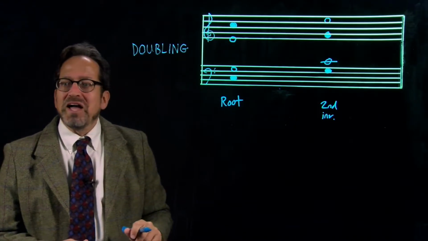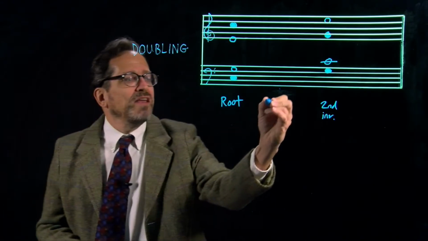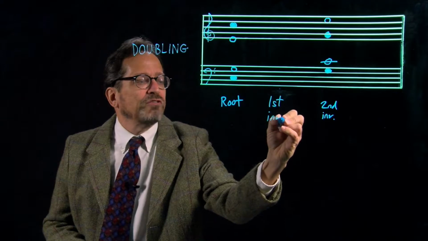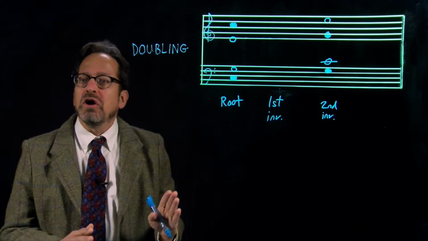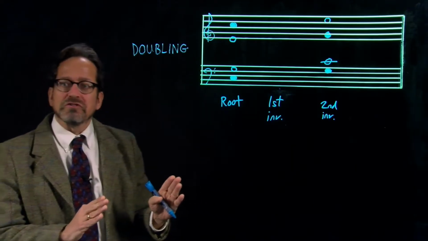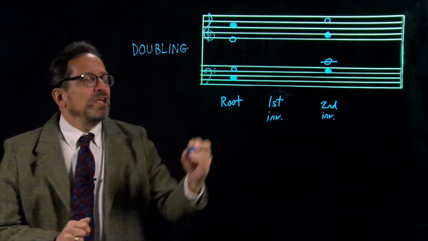You may wonder why I have skipped the first inversion chord, and that is because in a first inversion chord, the actual voice that is being doubled will depend on what comes before or after the first inversion chord. Let me explain what I mean by that.